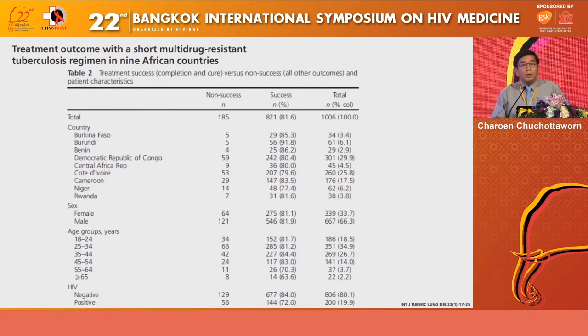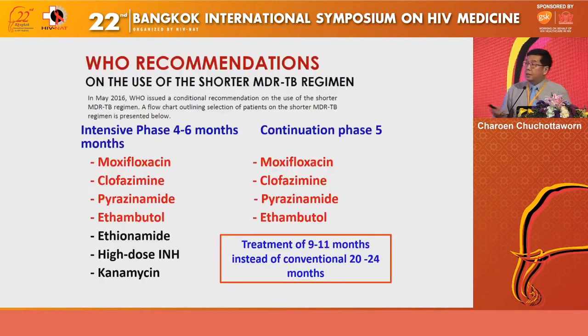Another study launched in early 2018 from 9 West African countries showed that in 1,000 MDR-TB patients, with the Bangladesh regimen, they can get a result of 81%. And in HIV also, they can get a very high success rate with this shorter regimen.